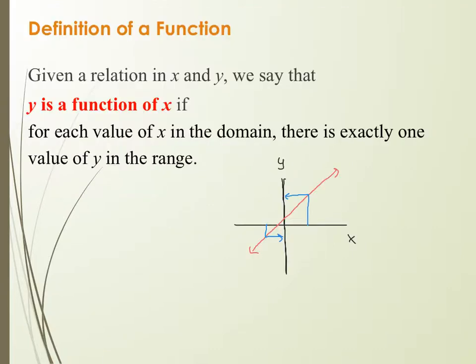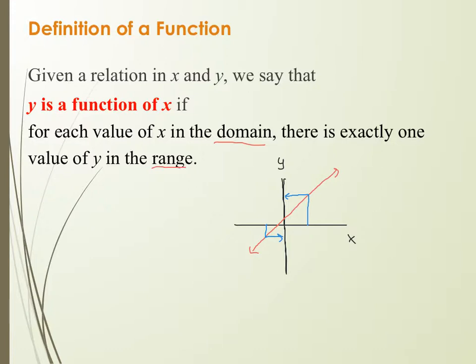A function is given in the relation of x and y. We say that y is a function of x if for each value of x in the domain there is exactly one value of y in the range.